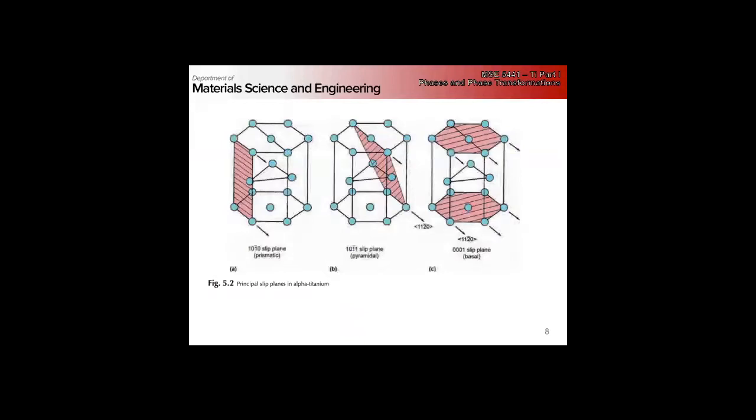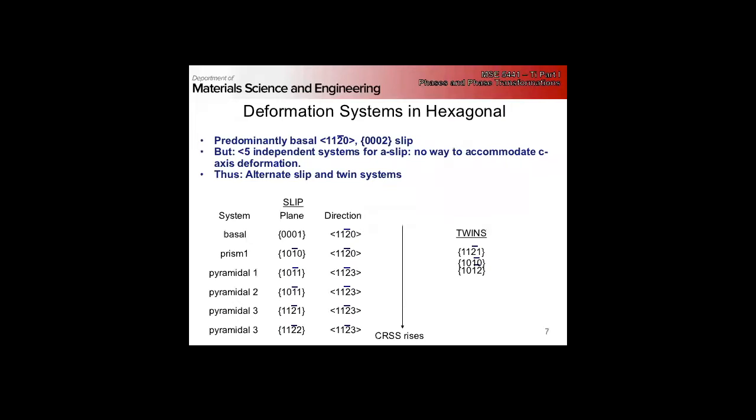But the prismatic also, the side here of our HCP unit cell, also has a 1-1 bar 2-0 type direction on the 1-0 bar 1-0 plane. And it turns out that this prismatic system in titanium is actually easier than the basal system. We'll talk about why that is in a little bit. Whereas in magnesium, basal is much, much easier than prismatic.